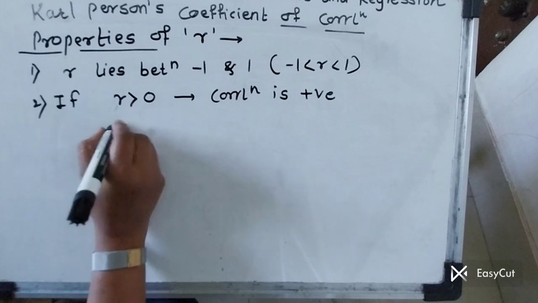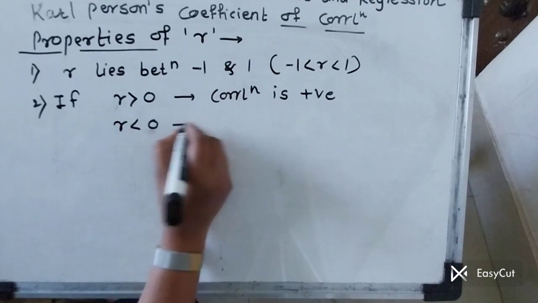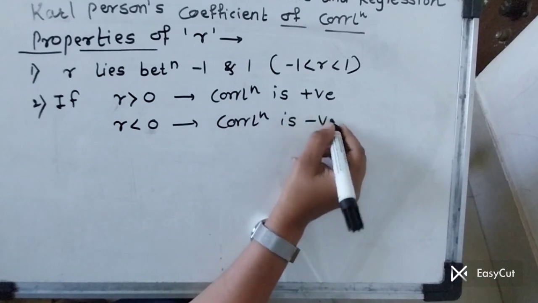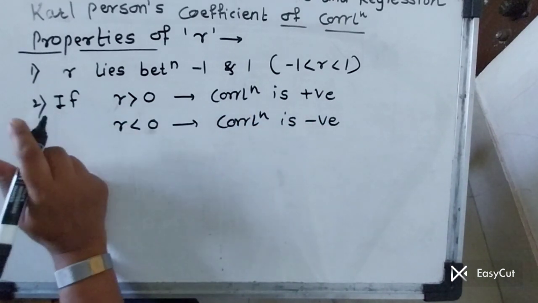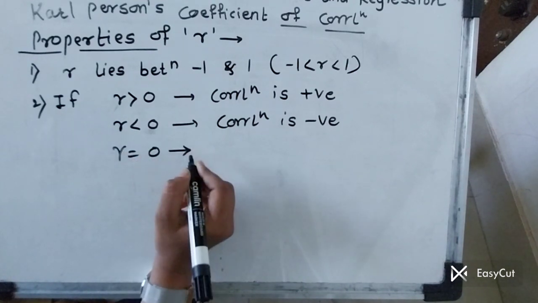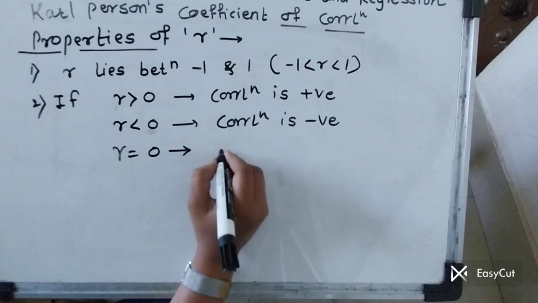If r is less than 0, the correlation is negative between two variables. And if r is equal to 0, then we can say they are uncorrelated.